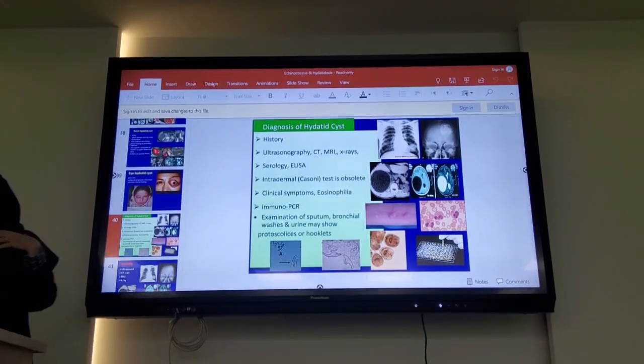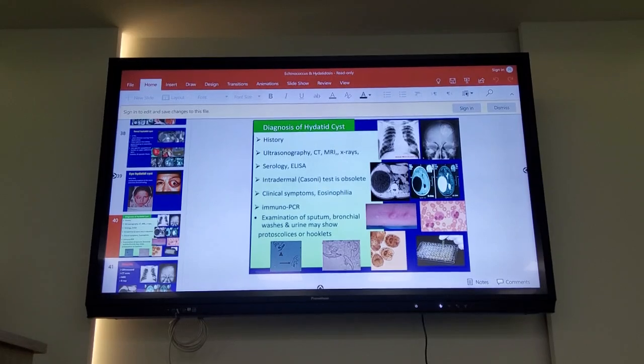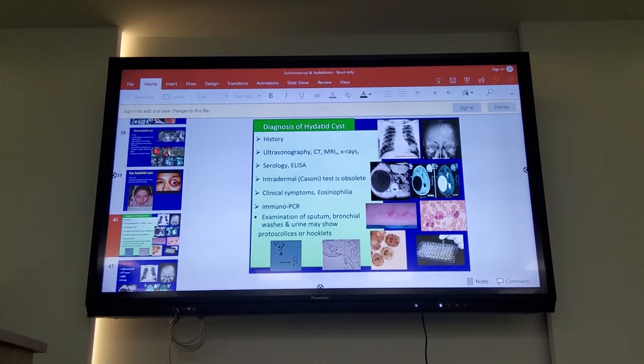Serological tests are very important. When the parasites are living in the intestine, parasitological tests are important. But here, parasitological tests are not helpful because we cannot find the parasite. But serological tests, especially ELISA, are used for the diagnosis.